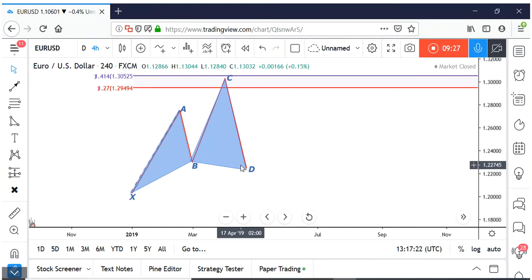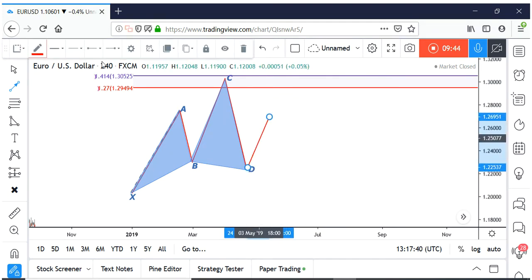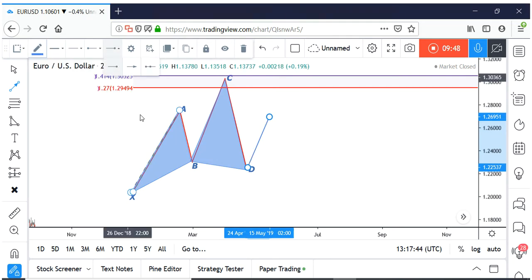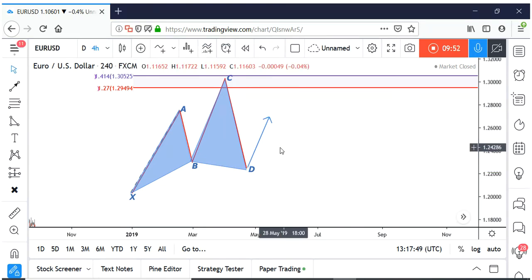Like I said, in the next video, we will cover how to take the opportunities when it completes, how to buy and how to sell. So this is the bullish CYPHER pattern.